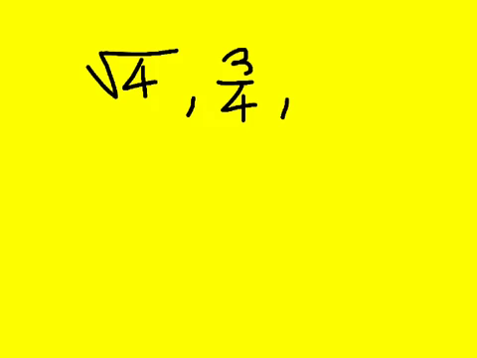Example number 3. You can have a mixture of all different kinds of things in here. For example, the square root of 4, 3/4, and 0.8. What's the square root of 4? 2.